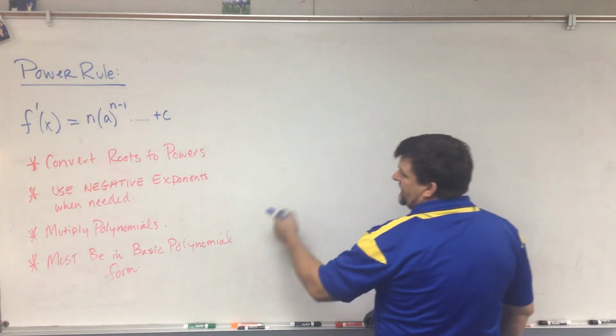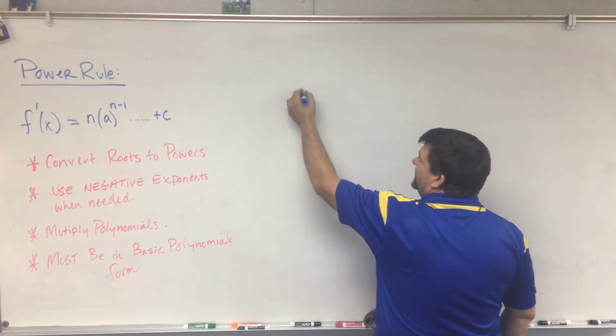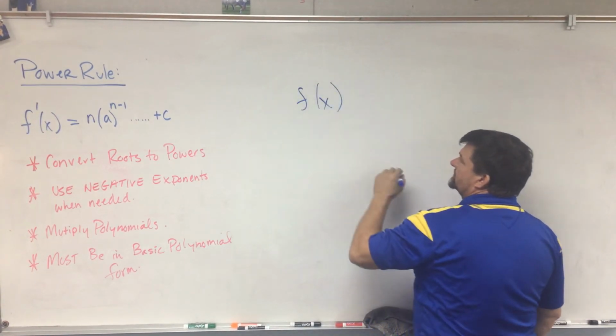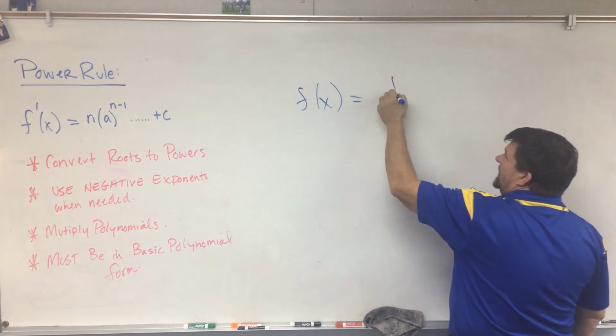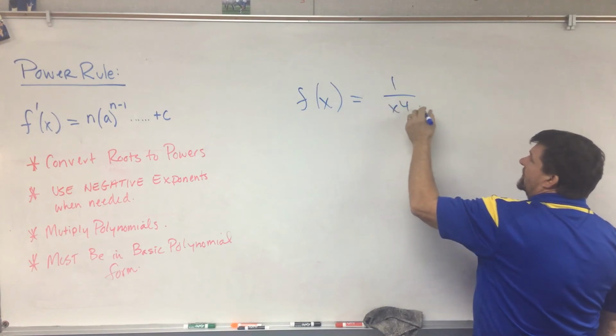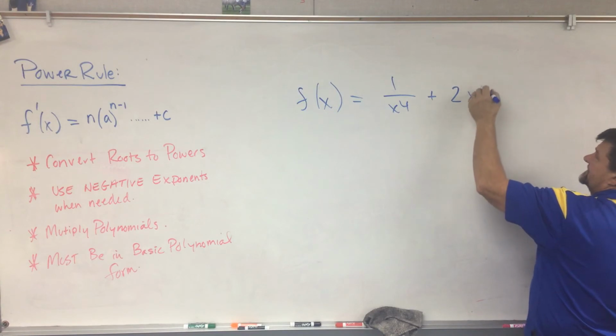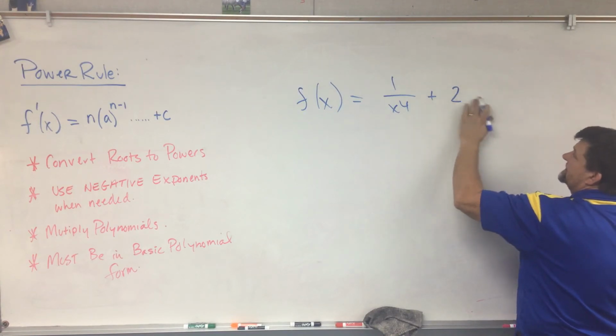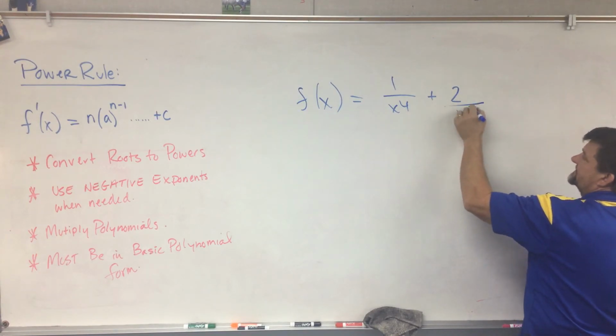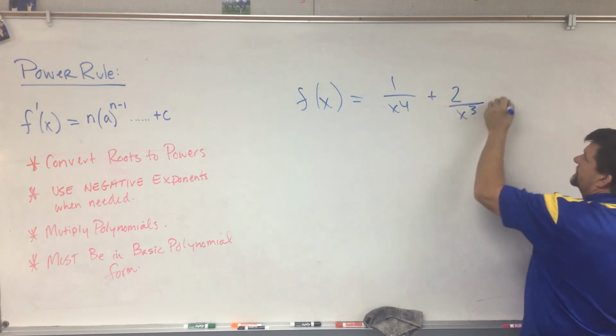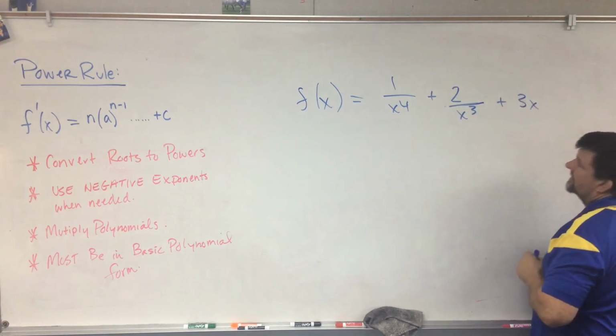So the last one, negative exponents if we need them. So f of x equals 1 over x to the 4th plus 2 over x to the 3rd. Let's just say it's that plus 3x.